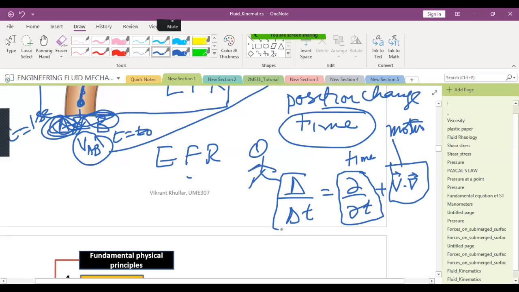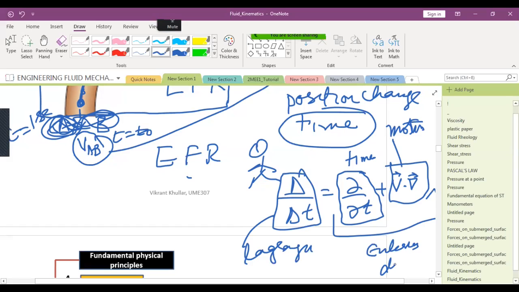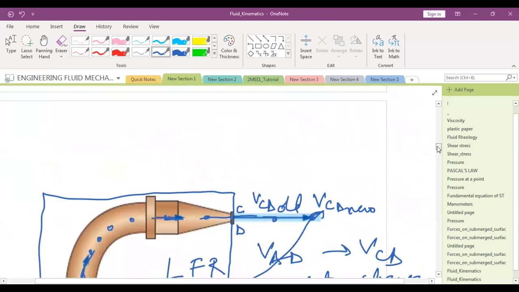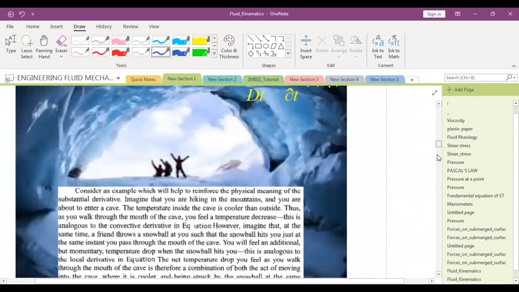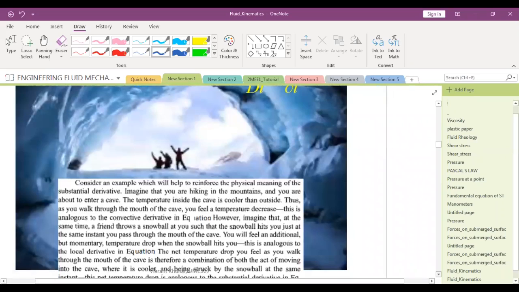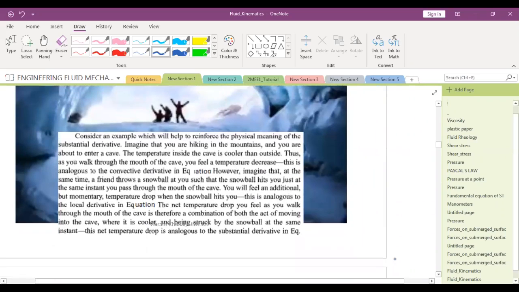So this is actually the Lagrangian description, and this is the Eulerian description, and these two are connected together by this relationship. Okay. So this is Lagrangian and this is Eulerian, and this will get clear. I am putting it here. Read this out. Is it visible to all of you?